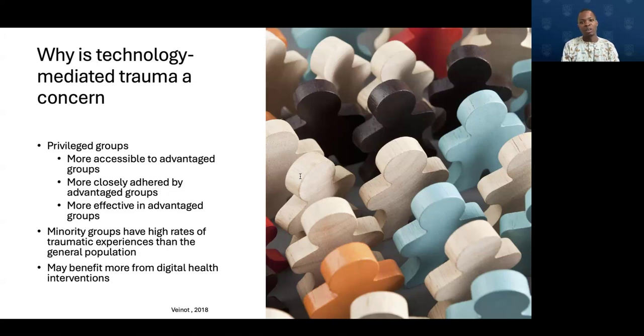And technology-mediated trauma is a concern because people from minority groups might have experienced one form of trauma or the other, which mainstream society may not experience. Therefore, any potential unintended consequences of digital health technologies may limit their use and further create or increase health inequities among those with the greatest need.